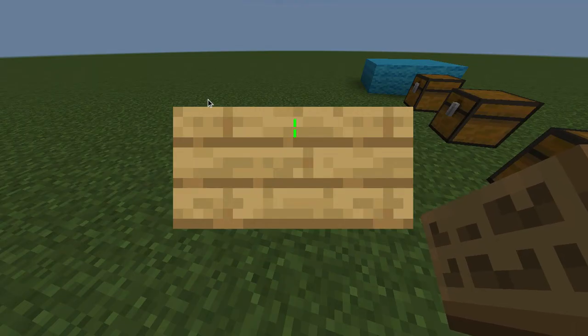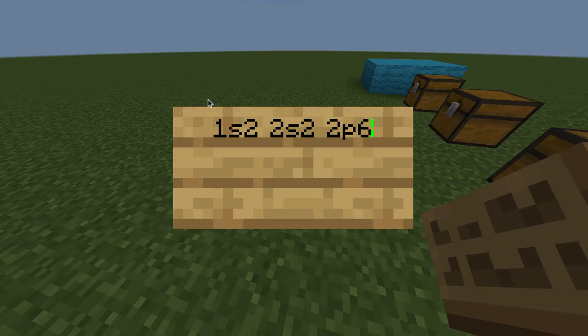Now, let's just do a quick little quiz. 1s2, 2s2, 2p6. What are 4 ions that could make this? Well, first, what element is this?